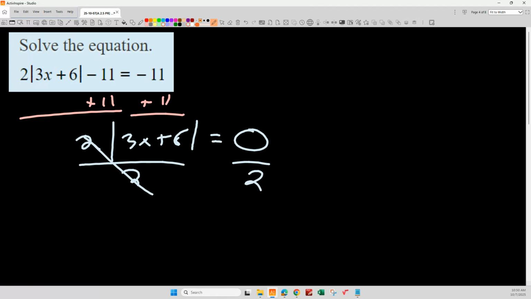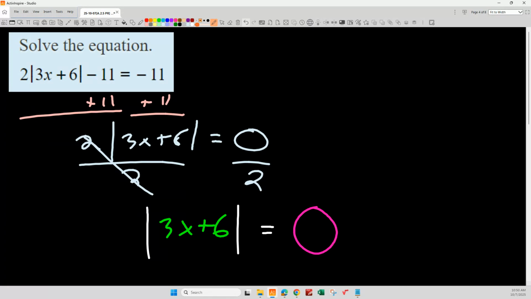Okay, so what's 0 divided by 2? 0. All right. So we get the absolute value of 3x plus 6 equals 0. Okay, so this time, though, splitting it doesn't really do anything, does it?